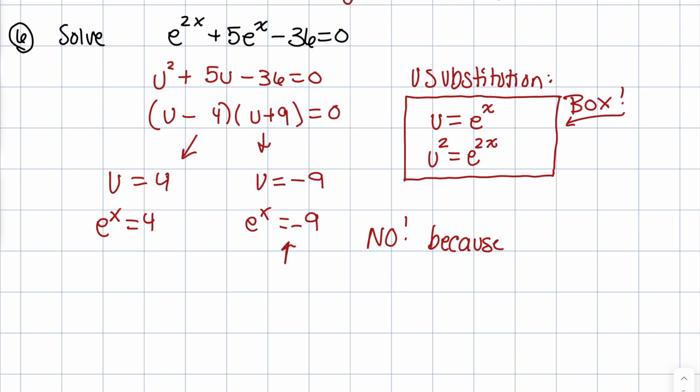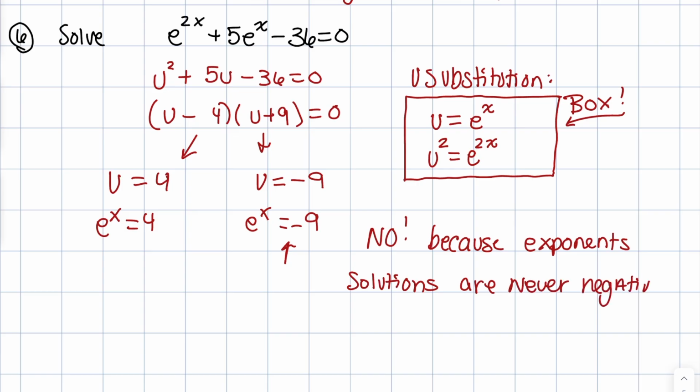Exponential solutions are never negative. When you're solving like this, you can never set it equal to a negative. Now this one is fine though.